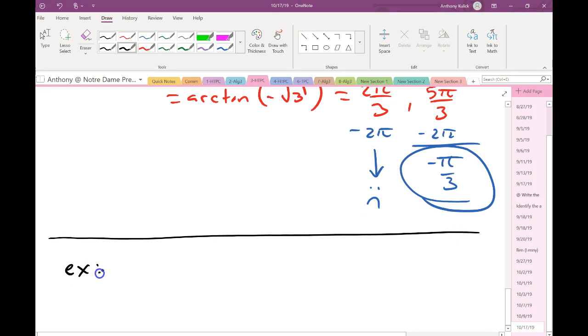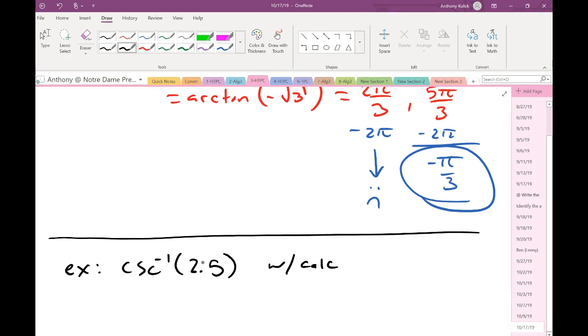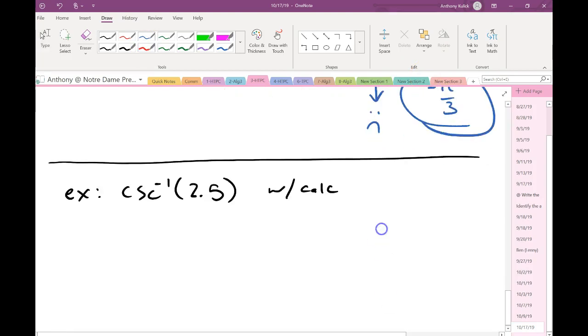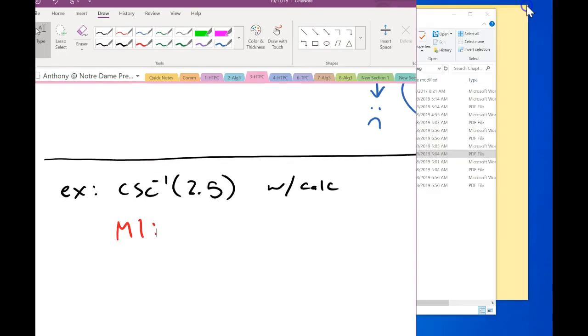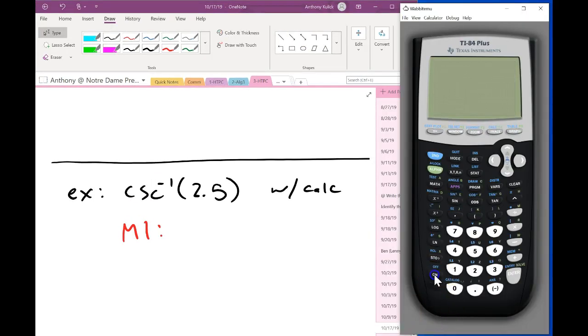What if we wanted to do something like find cosecant inverse of 2.5 using our calculator? Again, we'll talk about two methods here. So the first method, I'm going to use graphing to deal with this.